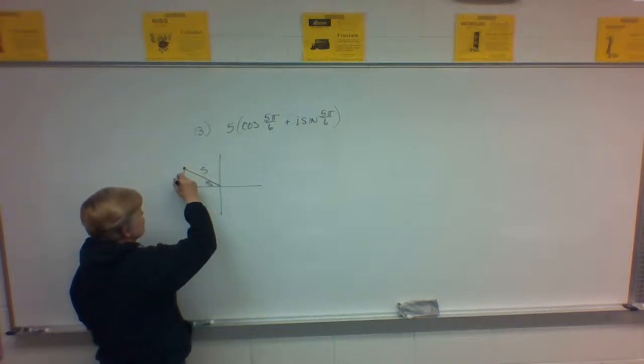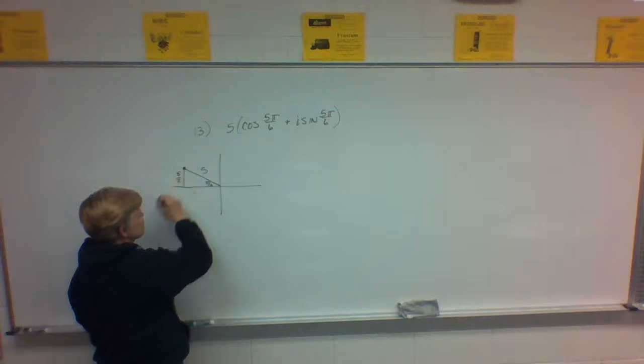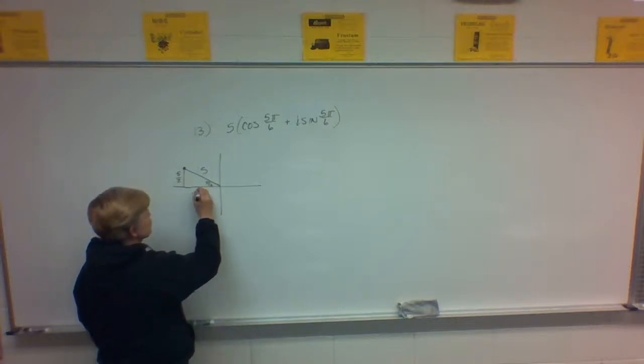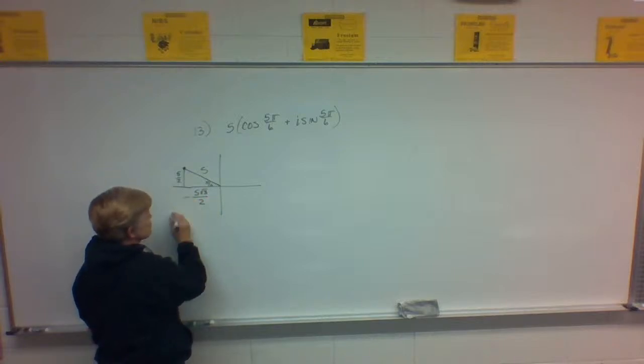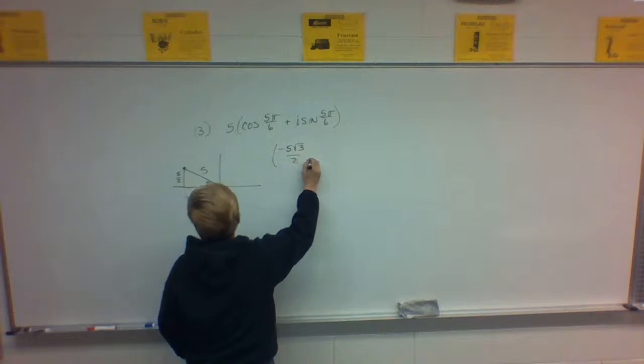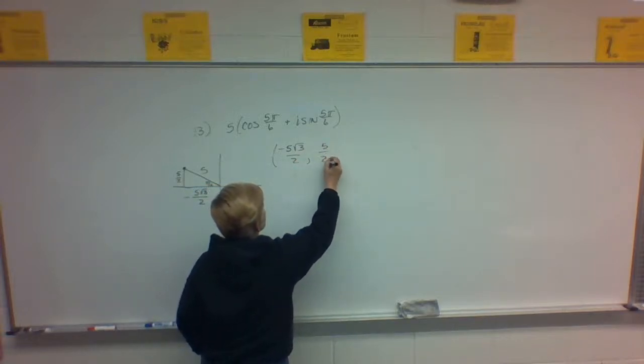So if this is 5, this is 5/2, isn't it? 30 degrees. And this is 5√3/2, but it's negative. So the rectangular point that they expect you to write is -5√3/2, comma 5/2.